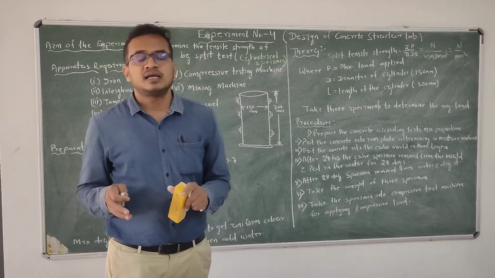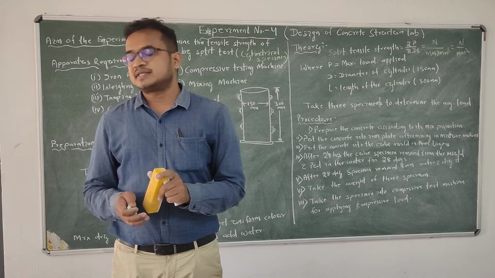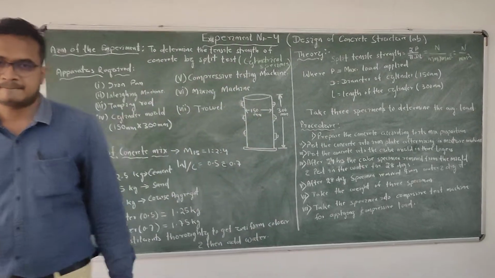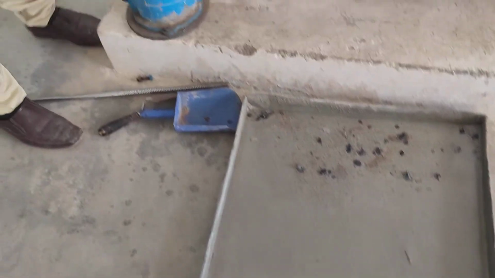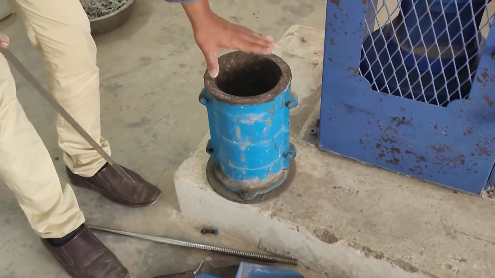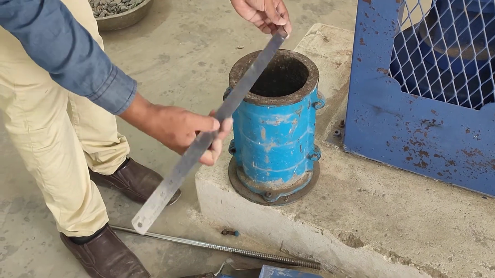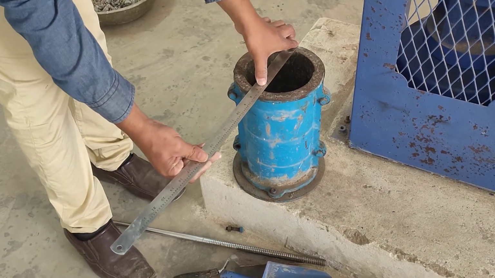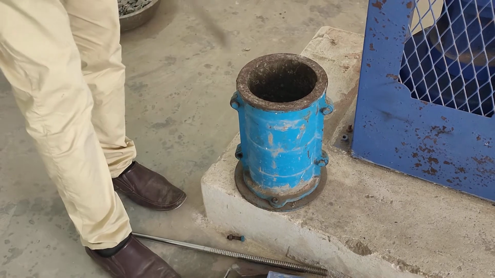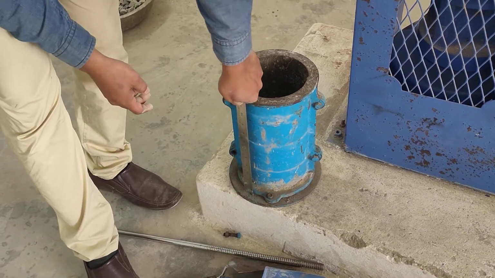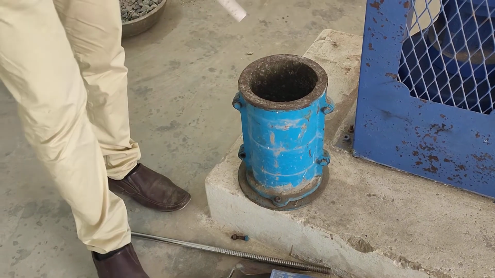We have a machine, that is the compressive testing machine. So let us move. These are the apparatus: this is the cylindrical mold having diameter 15 centimeter or 150 mm, and the height is 30 centimeter or 300 mm.